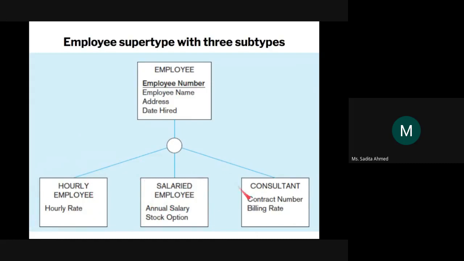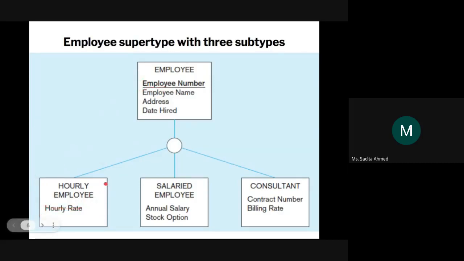We did not list them separately among the subtypes, because this whole subtype supertype idea is created based off of the property of attribute inheritance, where every single one of the subtypes automatically inherits everything from the supertype, including the primary key. So the fact that we have denoted the primary key of the supertype automatically goes to say that hourly employee will inherit the primary key employee number from employee as well.